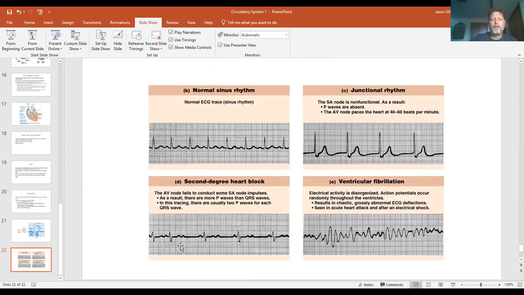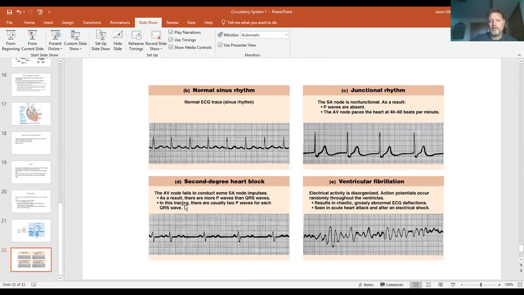And then to the bottom one, no, let's start right here. So we have our P wave, Q, R, S, T, P, nothing. P, Q, R, S, T, P, blank again, P, Q, R, S, T. This one here, the AV node is not firing.